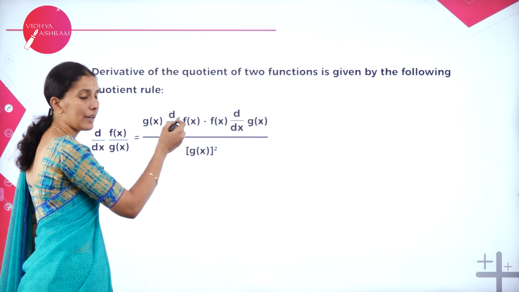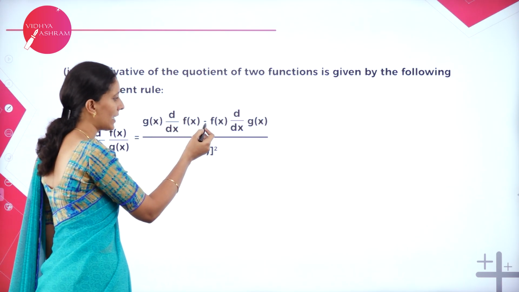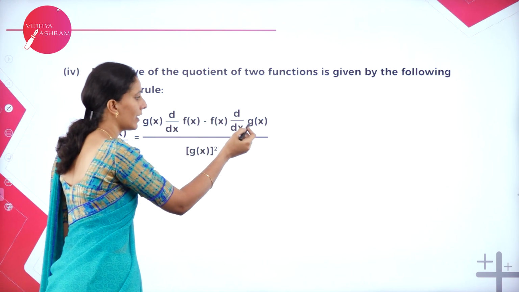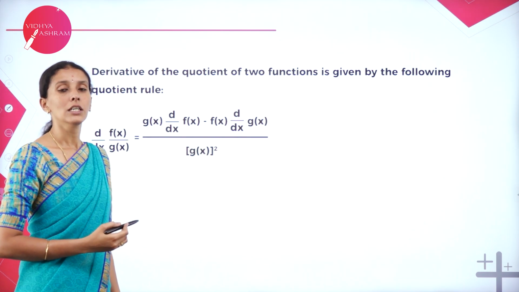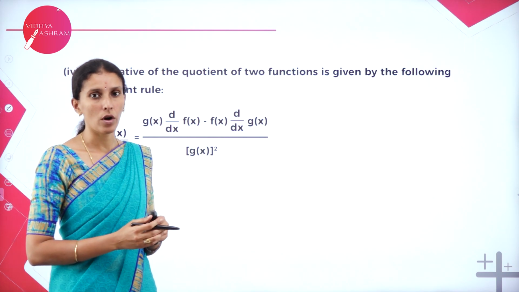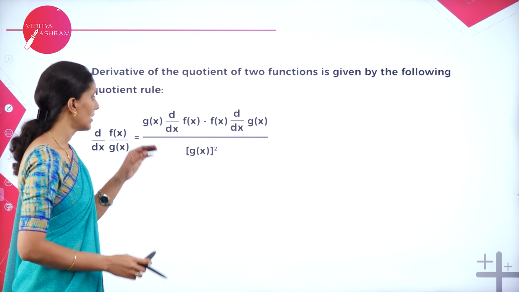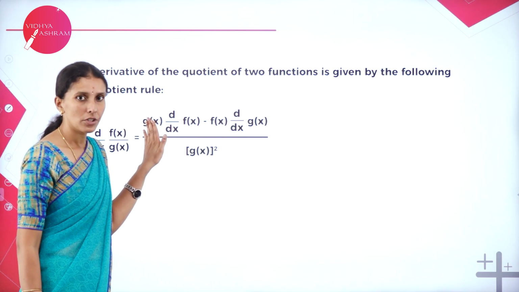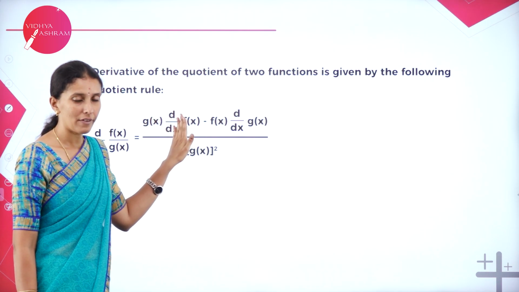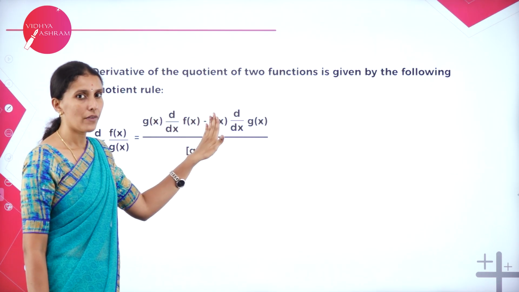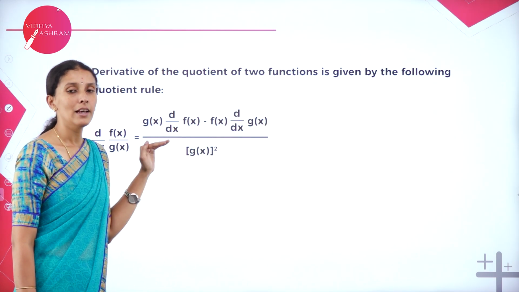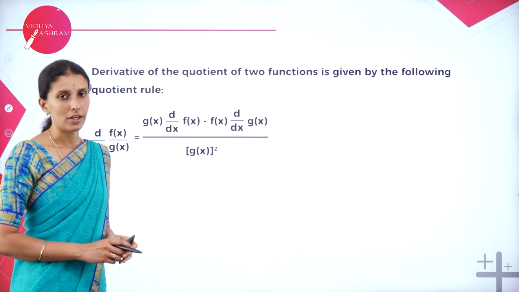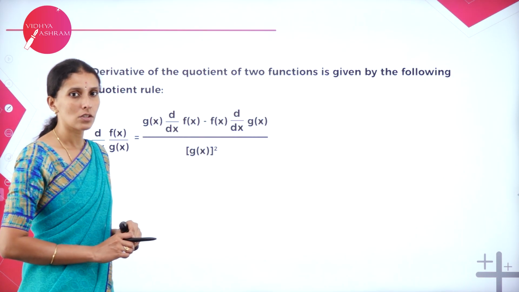Second function, derive the first function, minus first function, derive the second function, whole divided by square of the second function. That is, second function into derivative of the first minus first function into derivative of the second, divided by square of the second function. Let us apply this quotient rule.